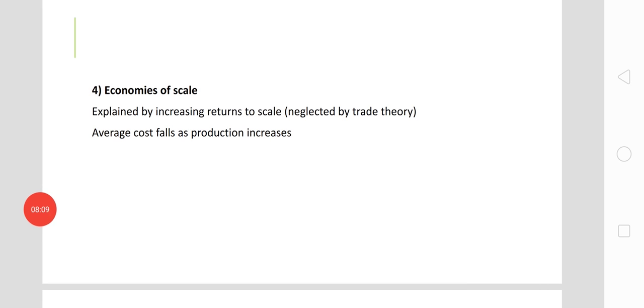So this was explained by the increasing returns to scale. This increasing returns to scale has been completely neglected by the trade theories, but economies of scale is a reality in modern day trade. So economies of scale will enable the nation to dominate the international trade sector.